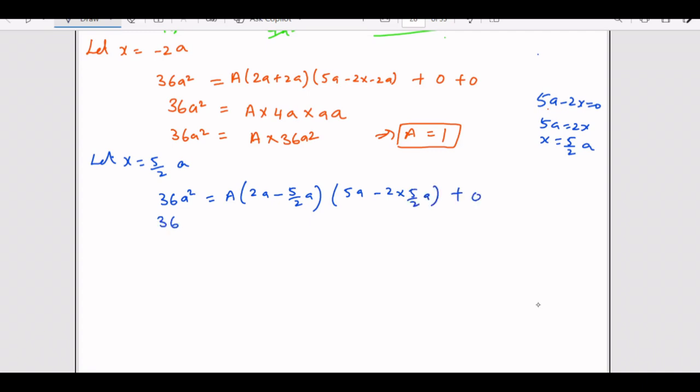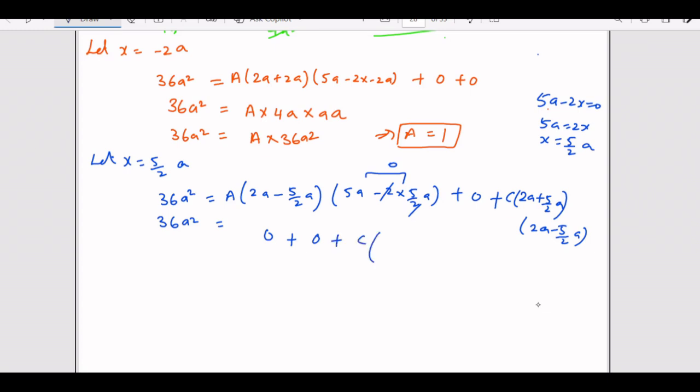This term is becoming 0, so what are we left with? The C value. Then plus C into (2a plus 5 over 2a) and in brackets (2a minus 5 over 2a). The first and second terms are becoming 0, and we are left with this one.